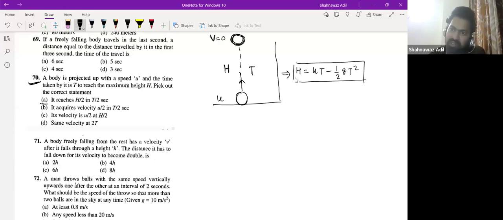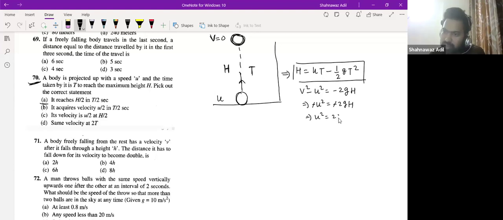And what is the other relation? v square minus u square is minus 2gh. The final velocity is 0, so minus u square is minus 2gh. The minus signs cancel, and u square is 2gh. These are the things that we know.